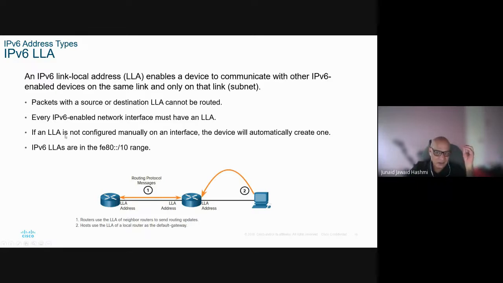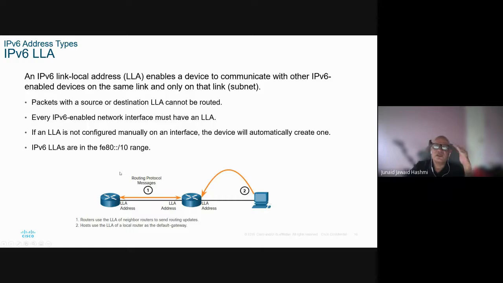If a link local address is not configured manually on an interface, the device will automatically create one. All IP version 6 LLAs are in the FE80 range. In Windows, the automatically generated IP version 4 addresses start with 169, right?